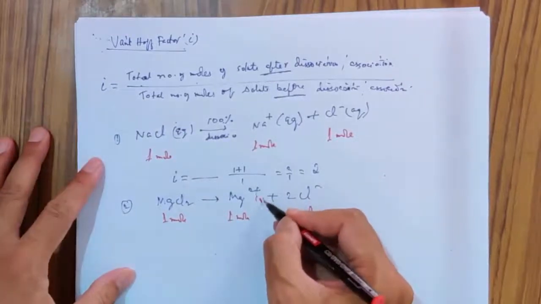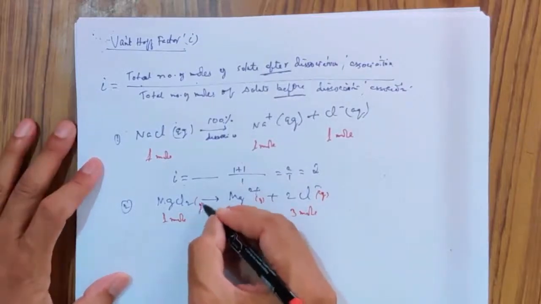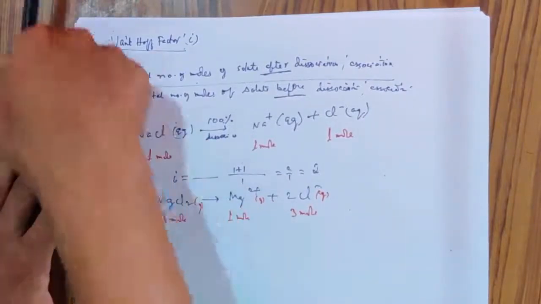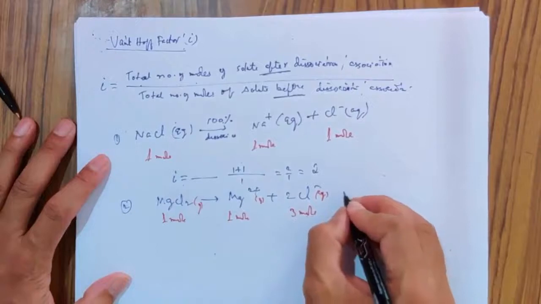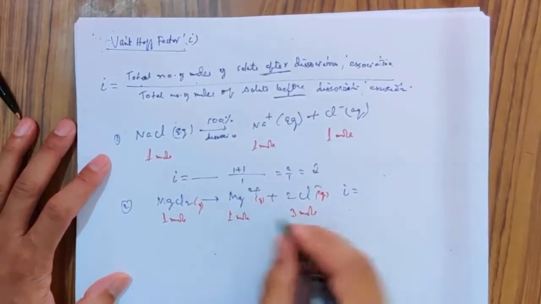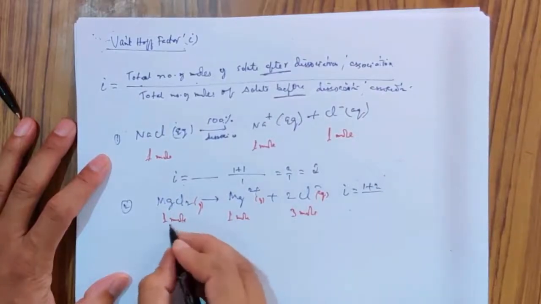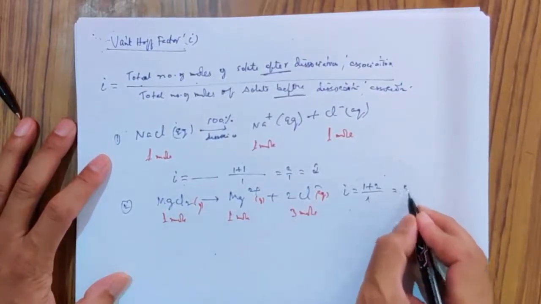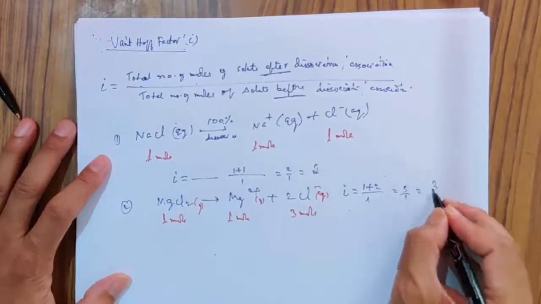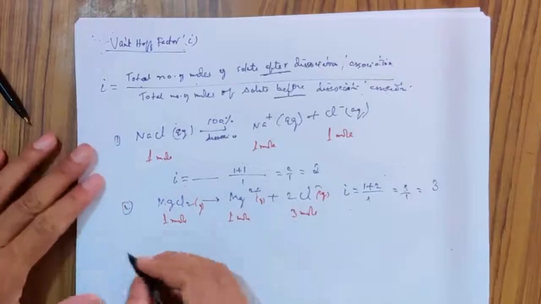Van't Hoff factor calculation: i equals the number of moles after dissociation, which is 1 plus 2, over the number of moles before dissociation, 1. So 3 by 1, which is 3. The Van't Hoff factor for MgCl2 dissociation is 3.